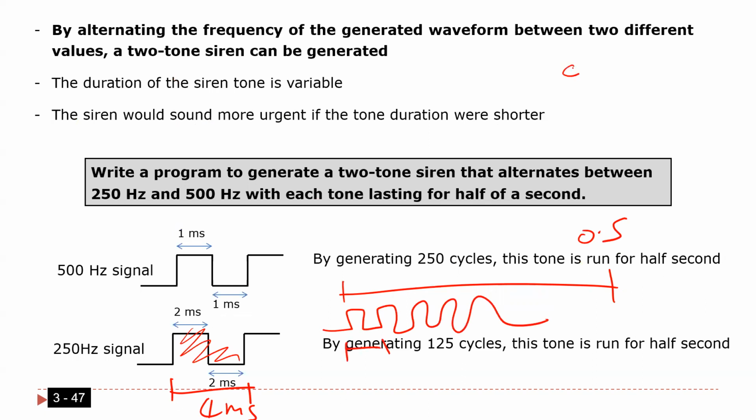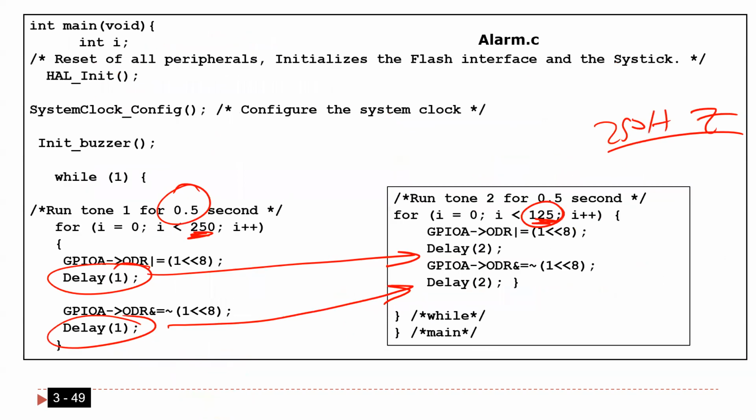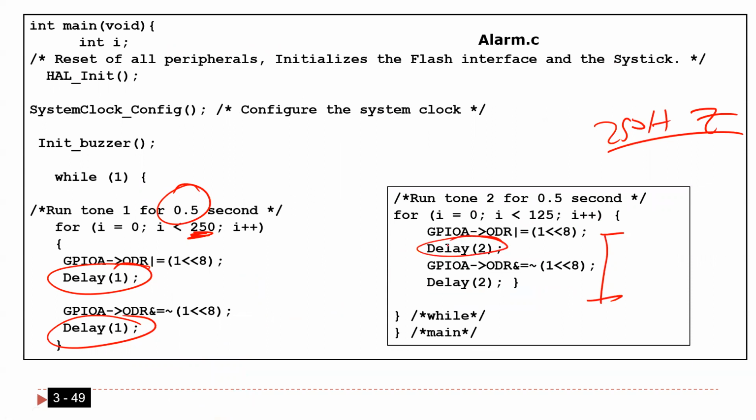Very simple. You divide half a second by 4 milliseconds, and the result is 125. Is that okay, guys? So that's what I did. I'm going to generate the 250 hertz alarm signal with a 2 millisecond delay, and I'm going to repeat it 125 times. Is that okay, guys?